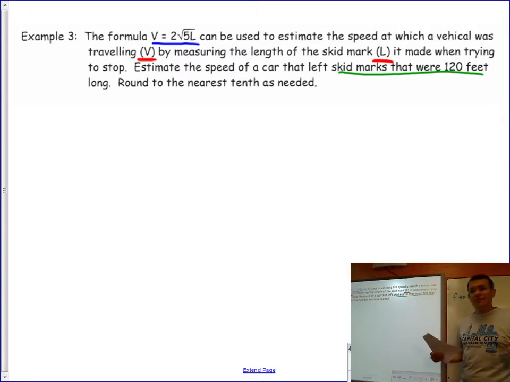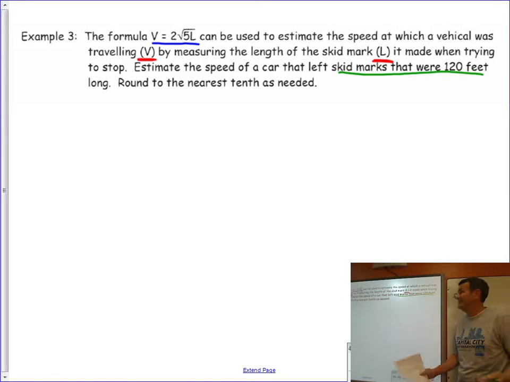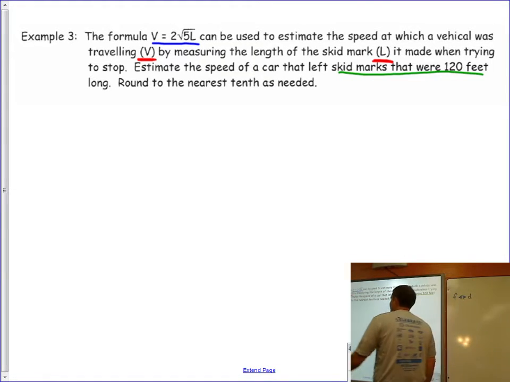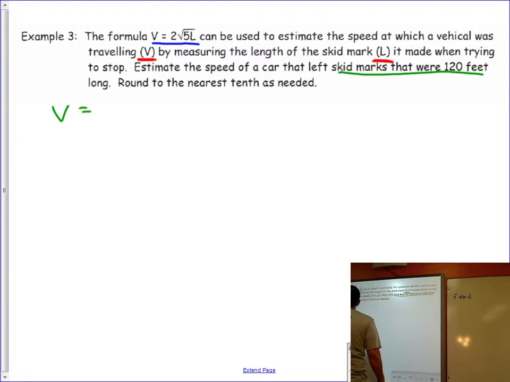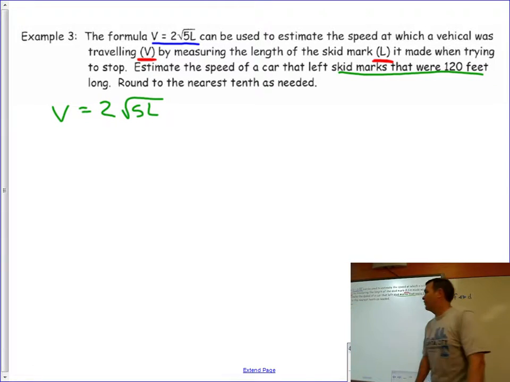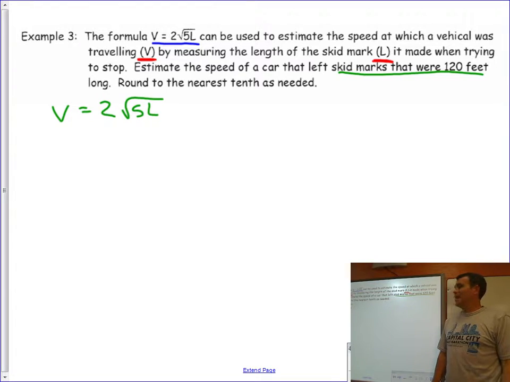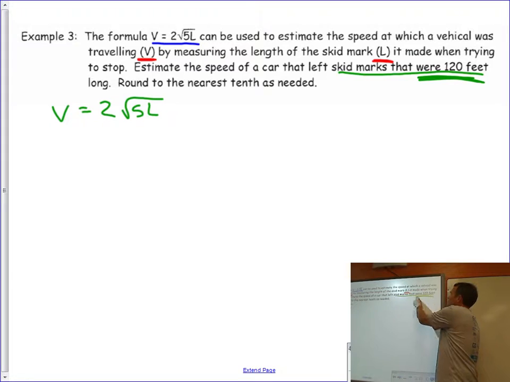All right, so in this problem, I am given a formula. My job is just, can I use the formula to calculate what I need? Let's see. So there's my formula. I want to find the velocity, but I know the length of the skid marks. They're 120.